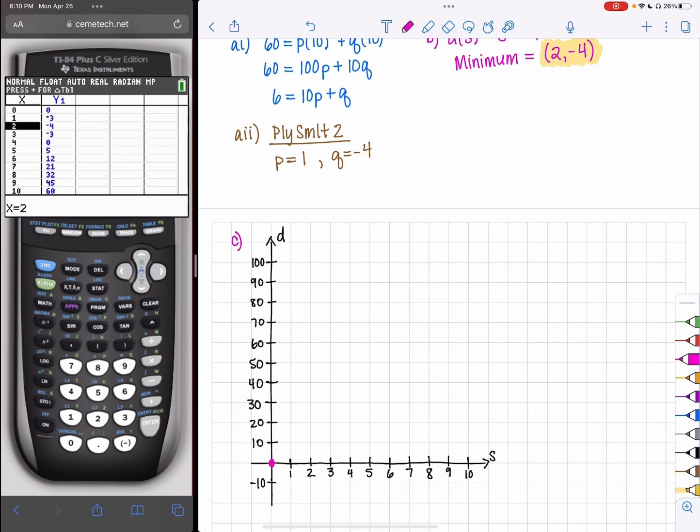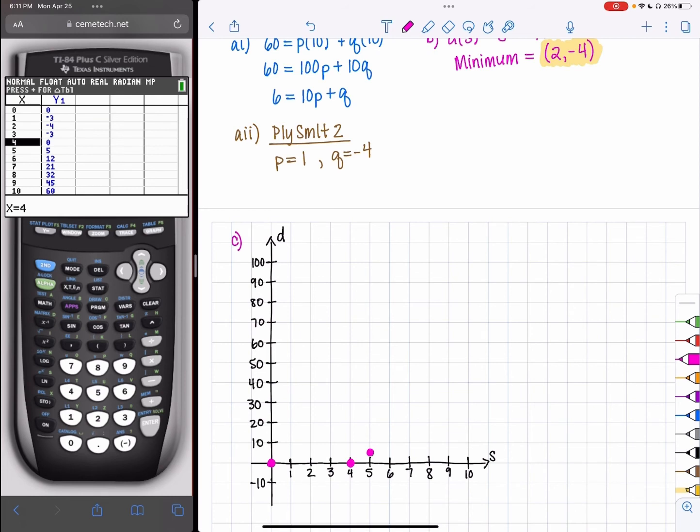So that value is here. And then we are going to plot 5, 5. So 5, 5 will be halfway here. I can also plot 4, 0 because that's on the x-axis.